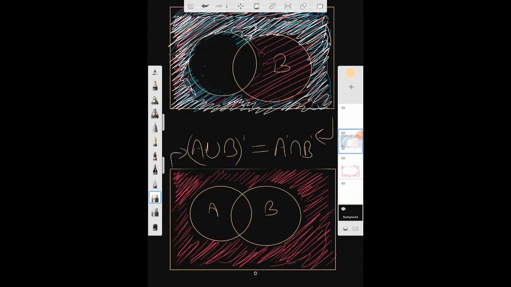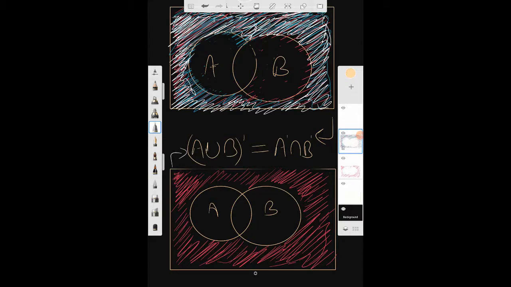If I take this part off, you'll see that the shaded portion is almost the same. This is A, this is B, the shaded portion is almost the same. Not almost, it is the same. So we have come to another property. This is a property listed in your book, but instead of learning them as a separate property, you can always find them out like this. This is a proof that both of them are the same.